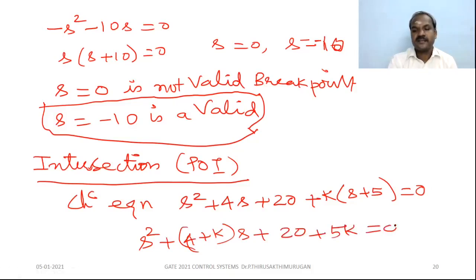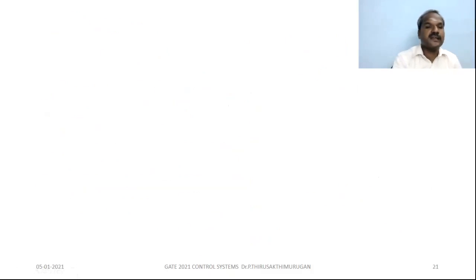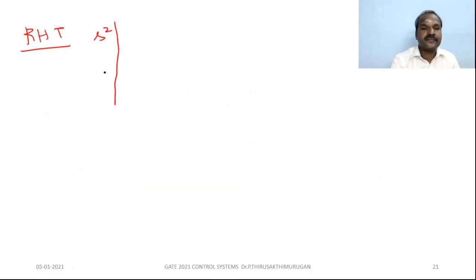But students, understand or not? So let us form the Routh array for this. The Routh-Hurwitz table is: s square, s1.